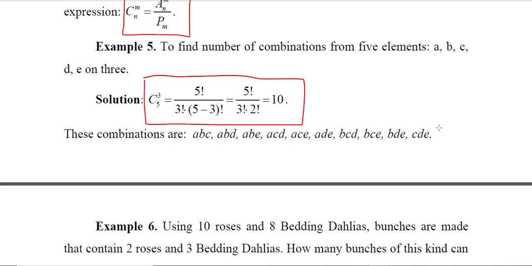So we have 10 combinations of 3 letters from 5 elements. One more time, we have 5 elements A, B, C, D, E, and we need to take a combination of 3 of them, any combination.